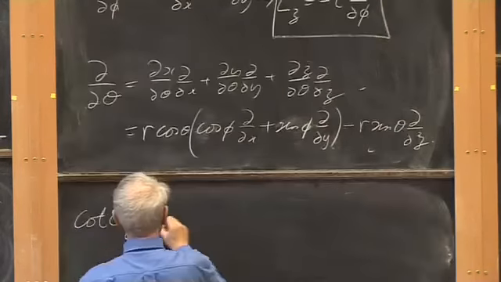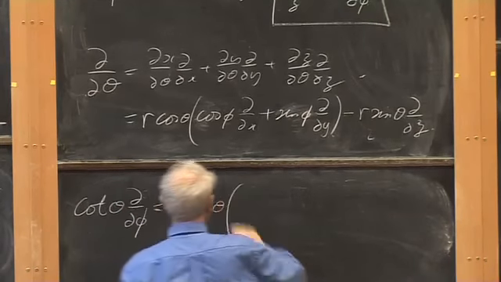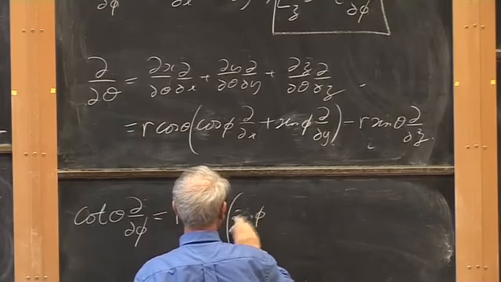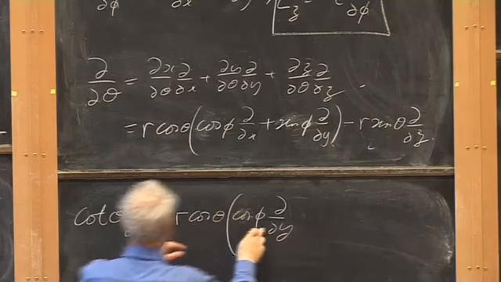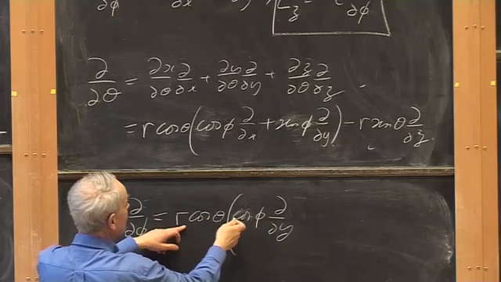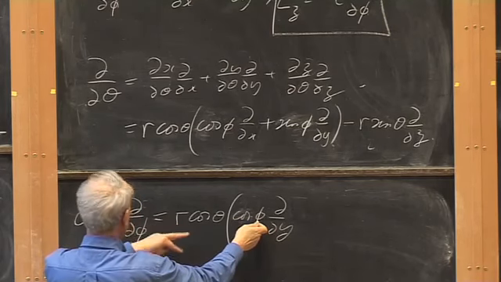So this is going to be r cos theta, brackets, sine phi d by dy, cos phi d by dy.